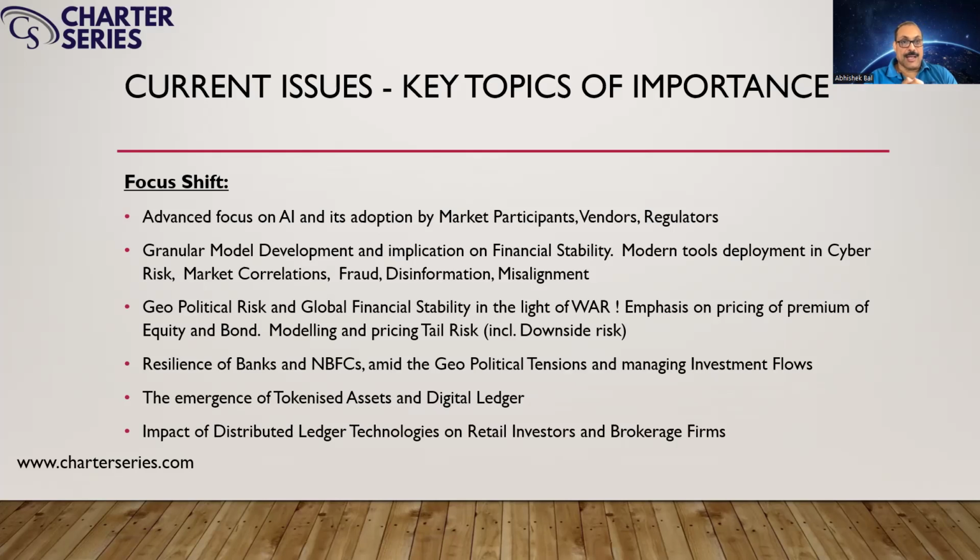Resilience of banks, of course, stress testing, new means and new models of stress testing, big data, the LLM models, how they are making inroads in stress testing, and it's becoming an indispensable tool, gradually, in the hands of national regulators and supervisory banks.